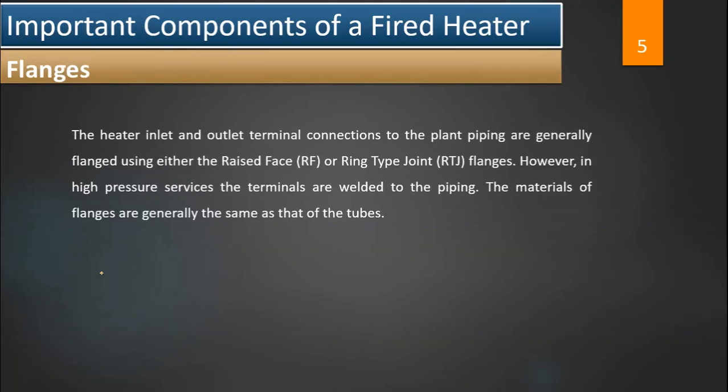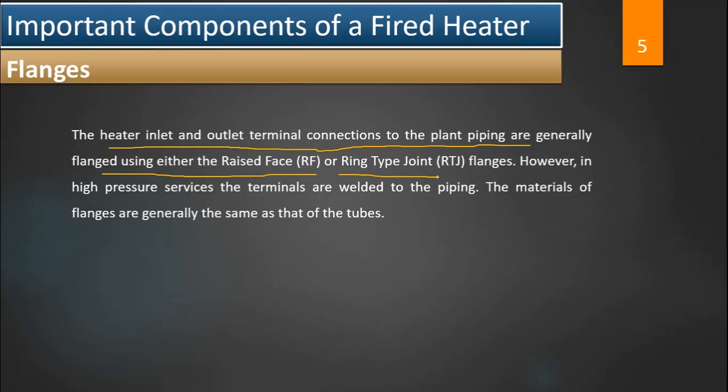Flanges, we all know about the flanges. They are used for connecting two pipes. At the heater inlet and outlet terminals we require flanges because connections are there, from the inlet side as well as the outlet side. There are many types of flanges.